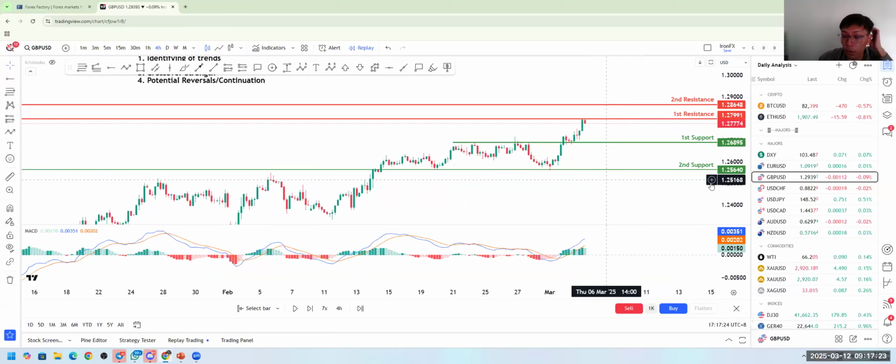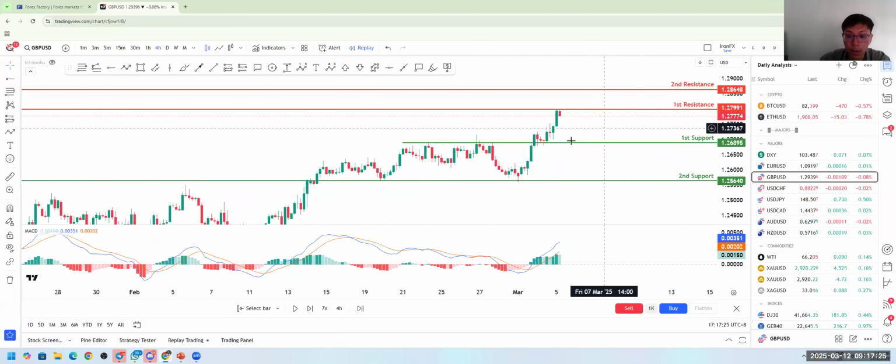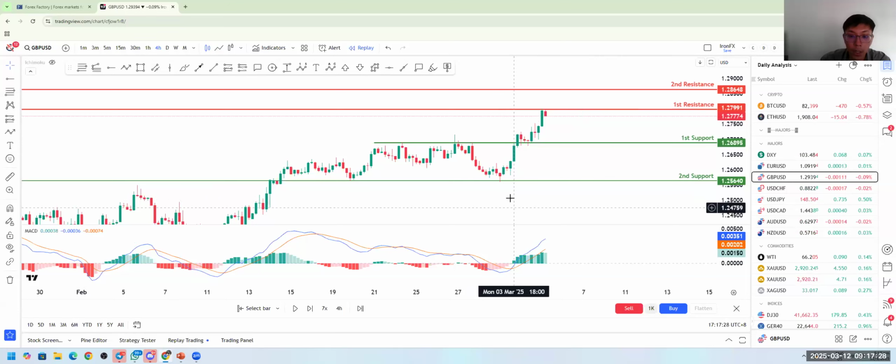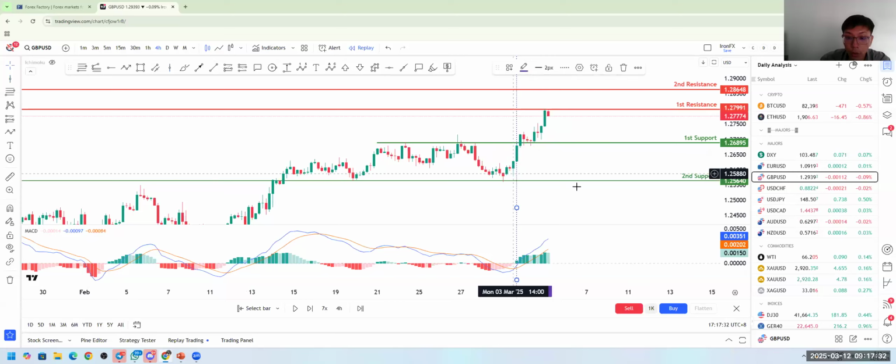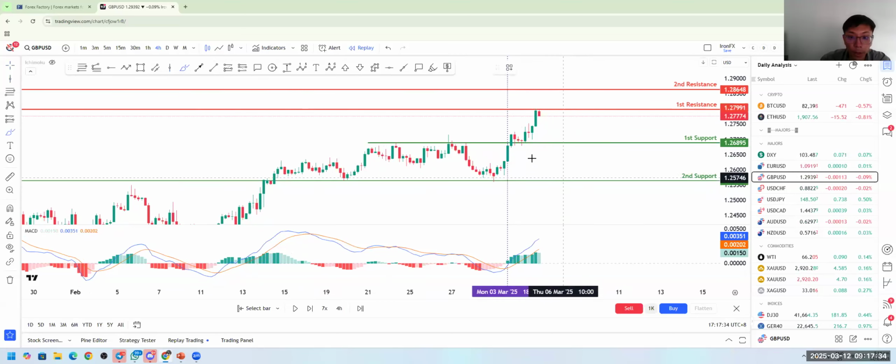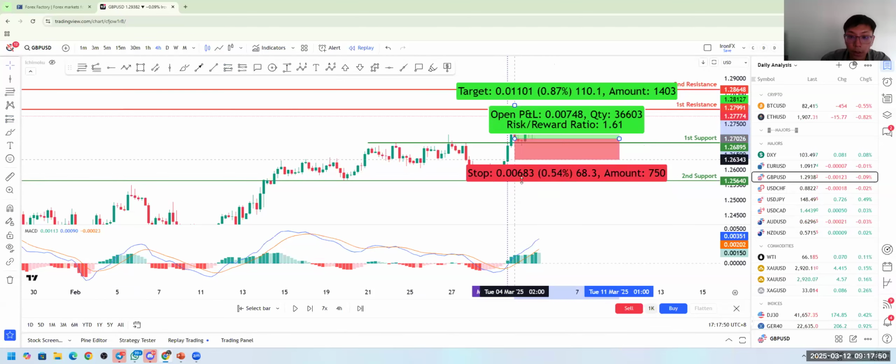Okay, so what's next? Right, we already missed a buy opportunity right here because if you look at this area, right, it aligns very nicely with, we already have a crossover right here, okay, and it closed above our first support. So generally, if I were to enter here, I will have entered on the next candle, okay.